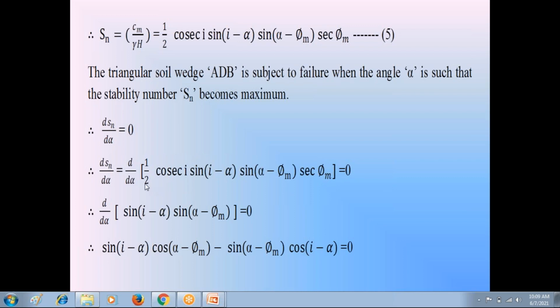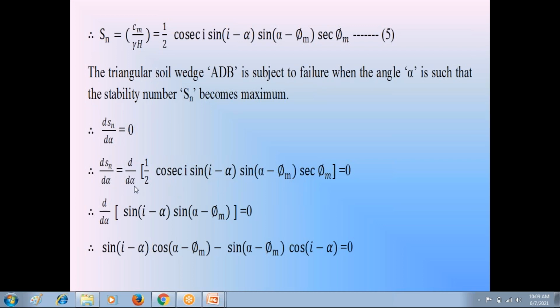So half cosecant I, secant phi m are constant, take them outside the differentiation. So dSn by d alpha is equal to half into cosecant I into secant phi m into d by d alpha of sine I minus alpha into sine alpha minus phi m, equal to 0. So that is from this differentiation, half into cosecant I into secant phi m into d by d alpha of sine I minus alpha into sine alpha minus phi m.